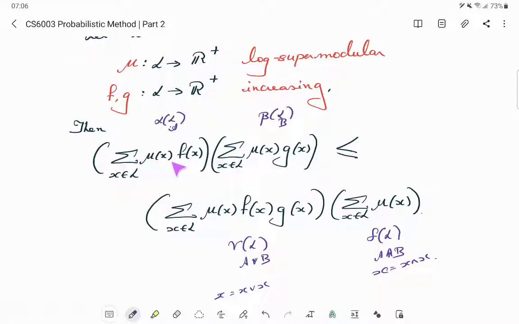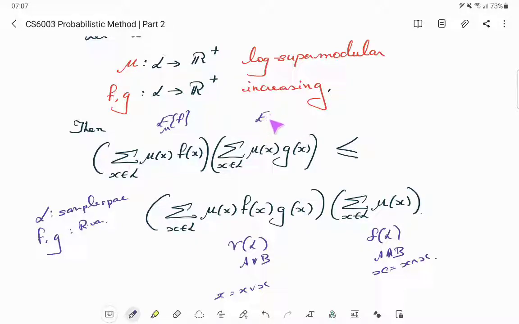This is easily seen to be the expectation of the random variable f, right? If L is your sample space, and your f and g are random variables, then this is the expectation of this. I can call this the expectation of f, but under this probability measure mu.